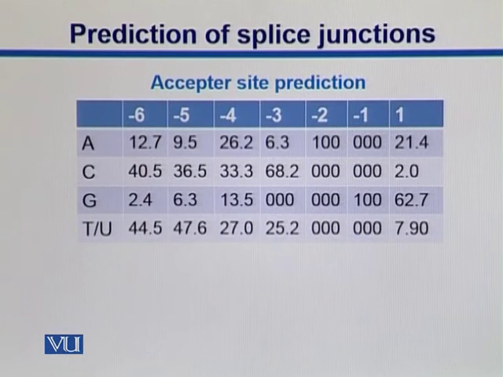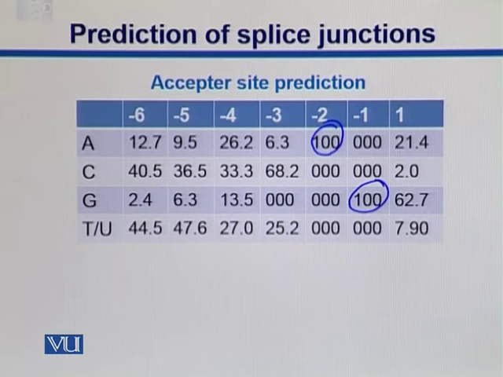So here are the acceptor site distributions. If we look into the acceptor sites, position numbers -2 and -1 are the places where this acceptor site is. As we see, the frequencies over here are 100%. It's A and it's G over here. So AG is predicted.